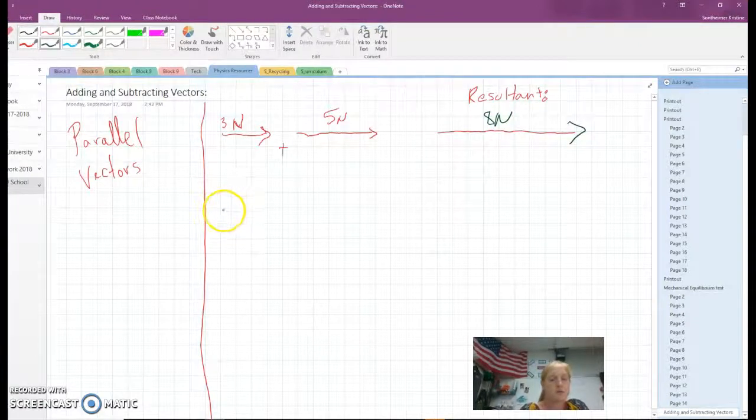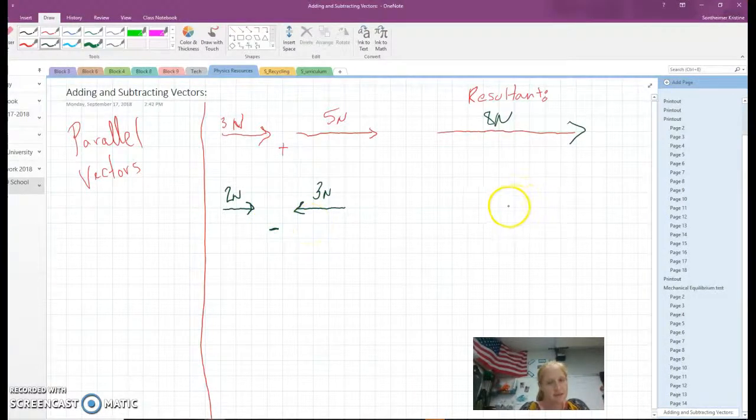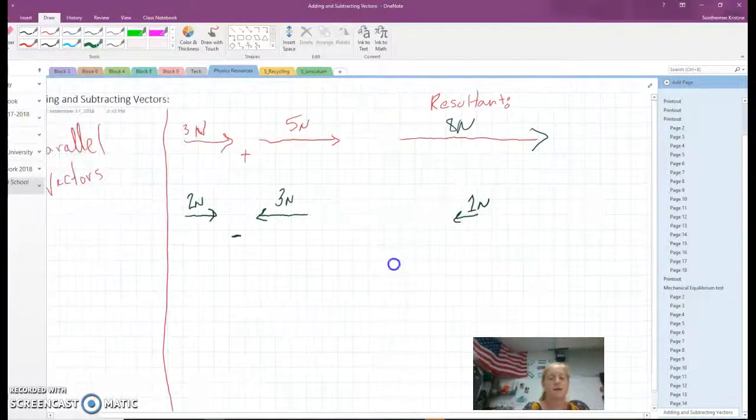Okay. If they oppose each other, so I have 2 newtons of force versus 3 newtons of force, that means they kind of subtract, but pay attention here. That means there's 1 newton of force going in the left direction.